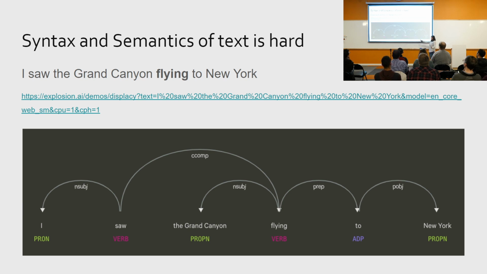So it knows nothing about the size of the Grand Canyon and about whether a plane can carry the Grand Canyon, but based on how the sentence is deconstructed, this parser seems to think that the flying is done by the Grand Canyon. So you are seeing the Grand Canyon flying to New York, which is semantically incorrect, and so our parser hasn't been able to capture the meaning of the sentence as it should be.